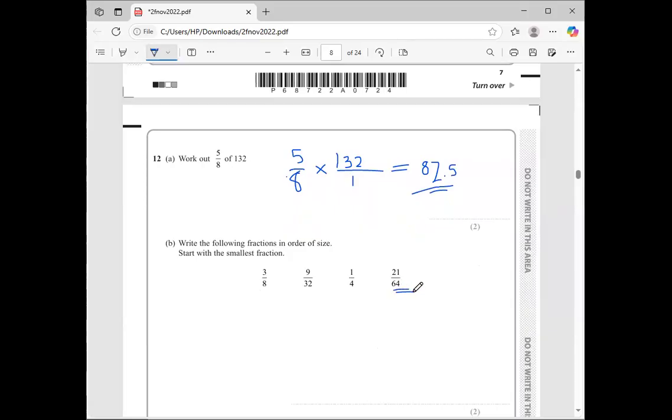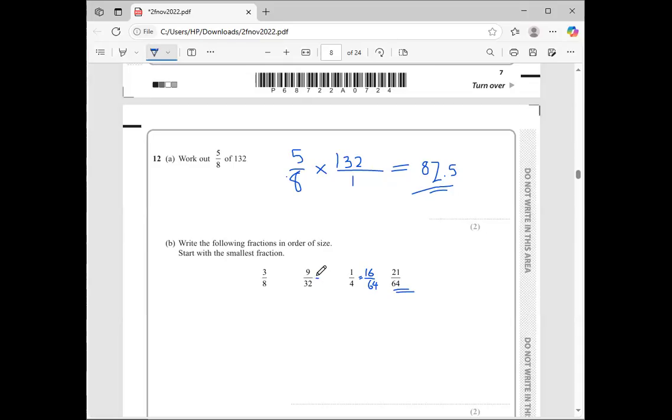Can we agree on that? Yeah. Okay. So to get this one to be 64 at the bottom, I have to multiply it by 16. So 16 times 4 is what? 64. And whatever you do to the bottom, you must do to the top. So that's 16. Did you get that?